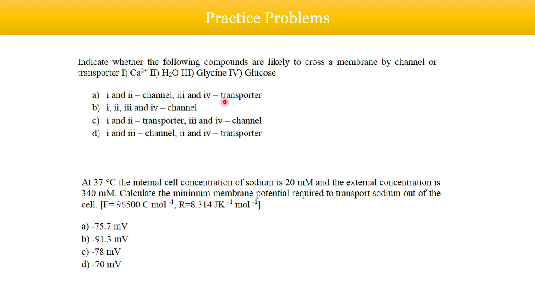The next one says at 37 degrees, the internal cell concentration of sodium is 20 millimolar and the external concentration is 340 millimolar. So you have to calculate the membrane potential required to transport sodium out of the cell. How do you do it?